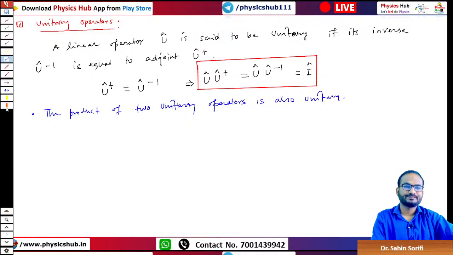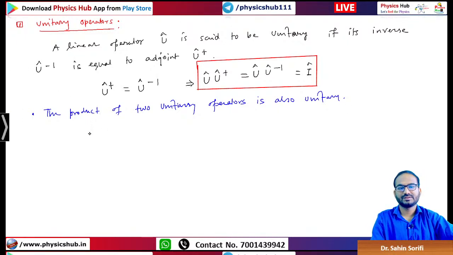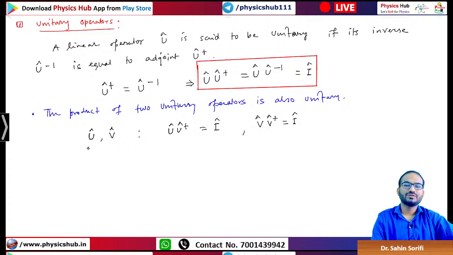Now let's say we have two unitary operators U and V. So we can write U U dagger is equal to I, and V V dagger is also equal to I. Now the product of two unitary operators will be UV.